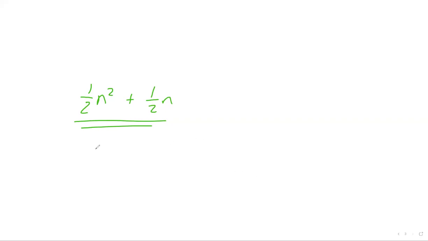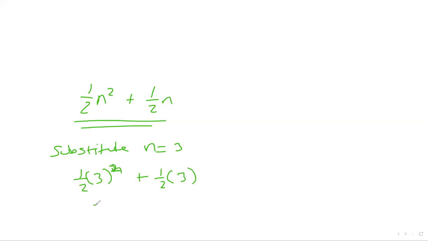So if we substitute n equals 3, we're going to have half times 3 squared plus half times 3. So 3 squared is 9, half of 9 is 4.5.